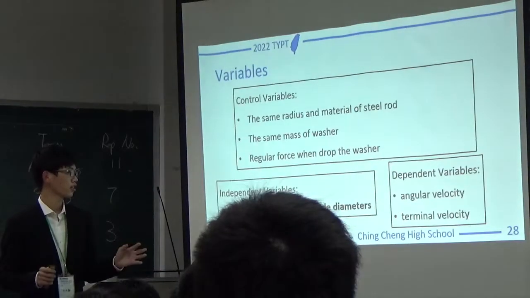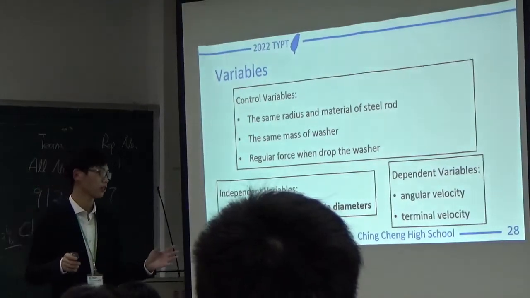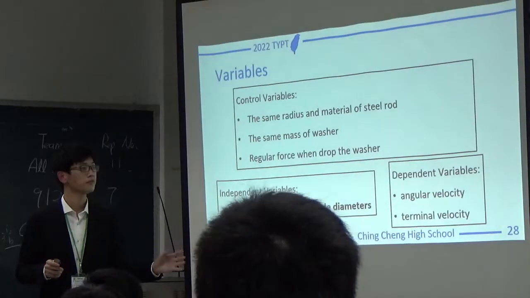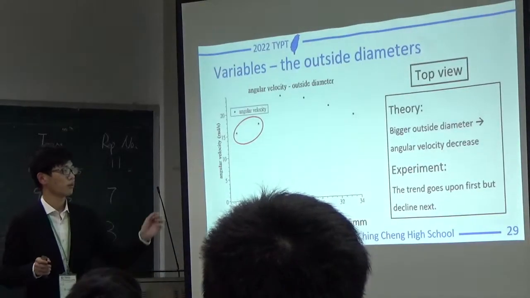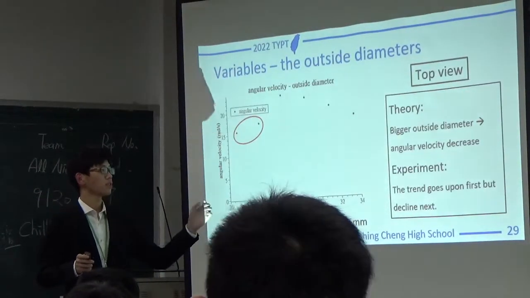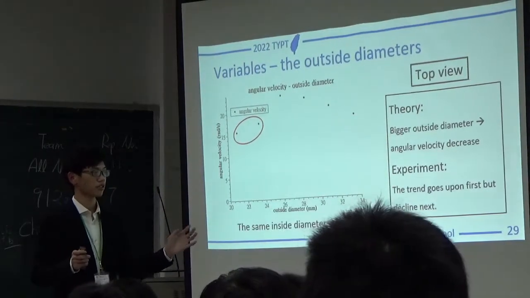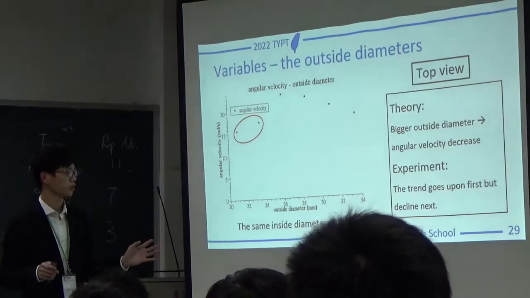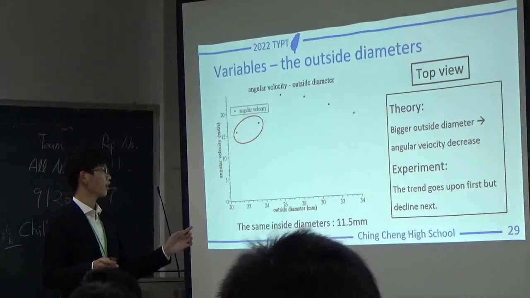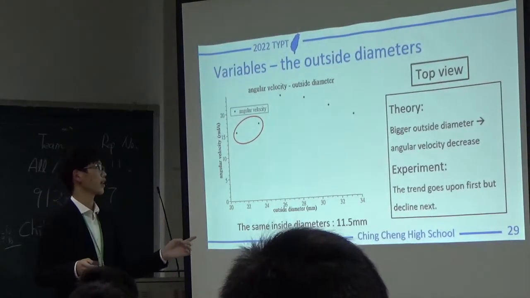And here's the second parameter, which is the outside diameter. As you can see from our theory, bigger outside diameter will lead to the angular velocity decreasing. In our experiment, the trend goes up a little and declines next.